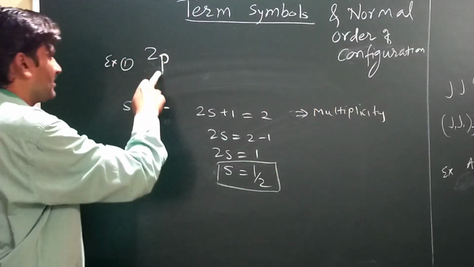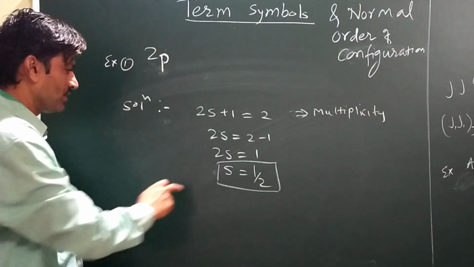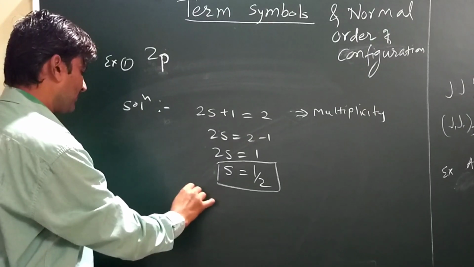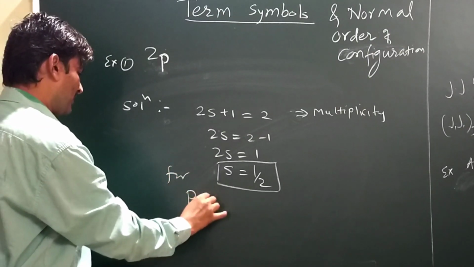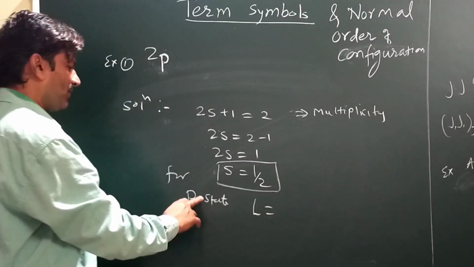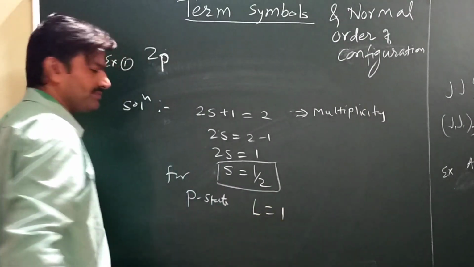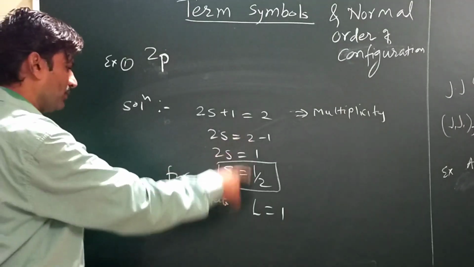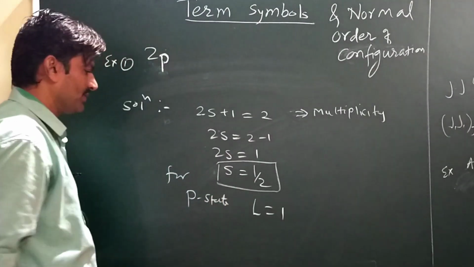Now another value is for the capital P state. For the capital P state, what is the value of L? The value of L is 1. And what are the possible values of J?